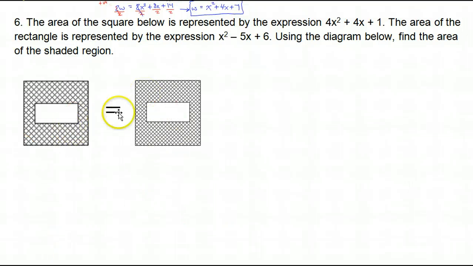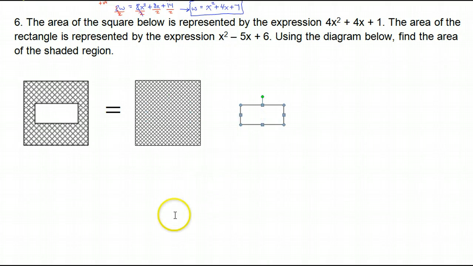I redrew this picture so I can show you how it breaks apart. When you see this image on the left, there are really two things being put together. Because I recreated it, I can separate it out. So what we have is a square and a rectangle. So that's two separate things.